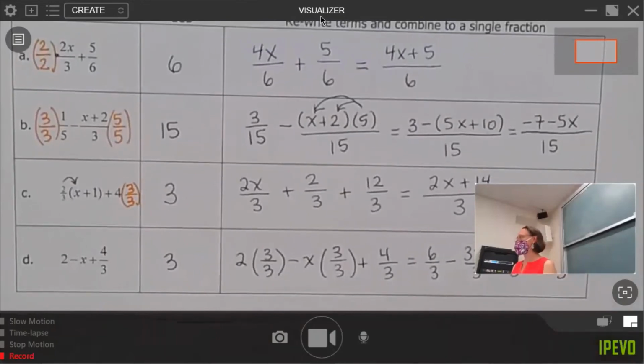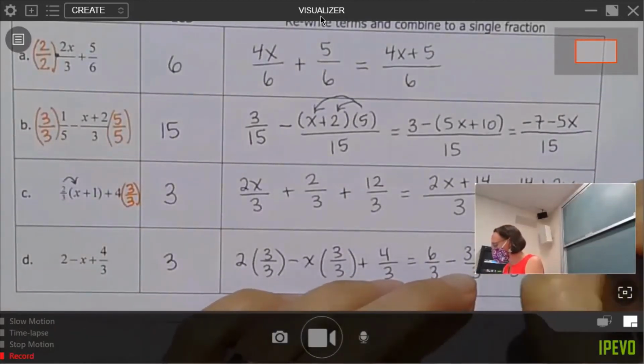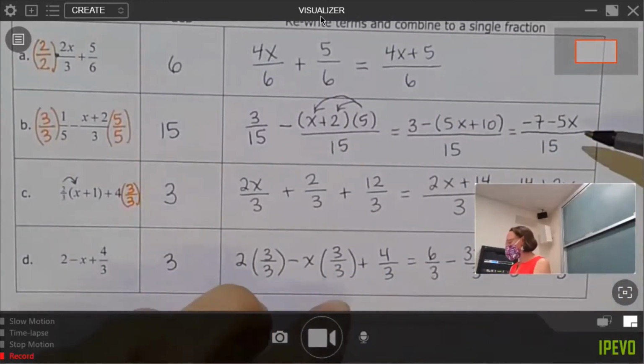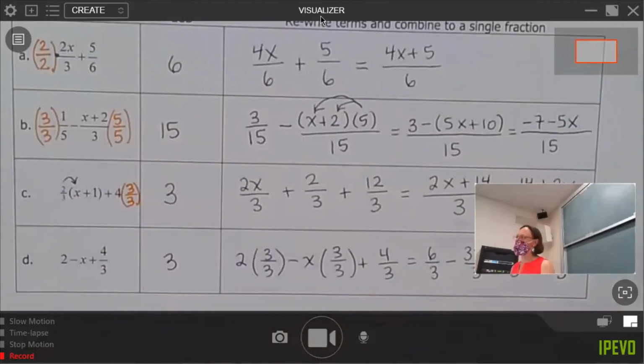That's just a convention, but it doesn't make it right or wrong. This one would also be correct to write 14 plus 2x over 3. And for this one, there was no way to help the minus sign situation, so you pick. Yeah. For the third one, what would it be?